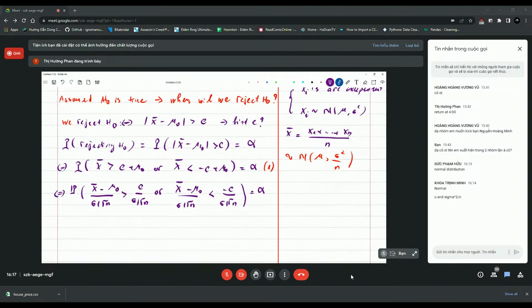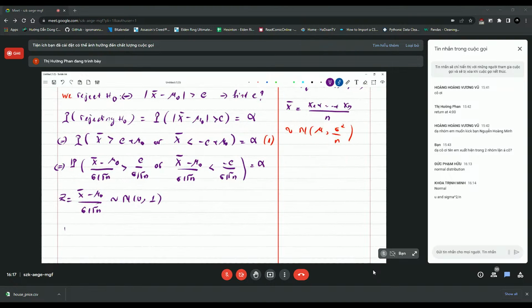Now let Z equal S bar minus mu 0 over sigma square root of n. It follows the standard normal distribution with mean 0 and variance 1. And we rewrite the given probability.